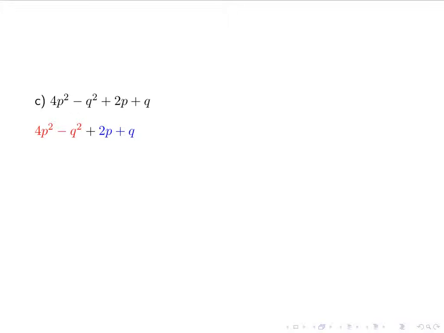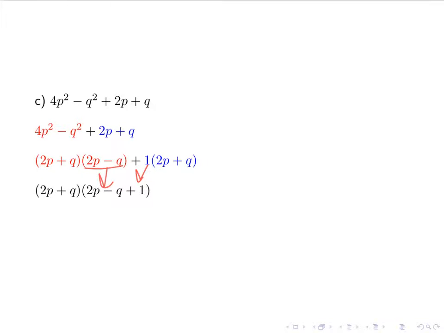And again, my blue terms, 2p plus q, don't have anything in common, so I'm going to factor out a 1. And then my now 2 terms both have 2p plus q in common. And when I factor that out, I'm left with my 2p minus q plus 1.